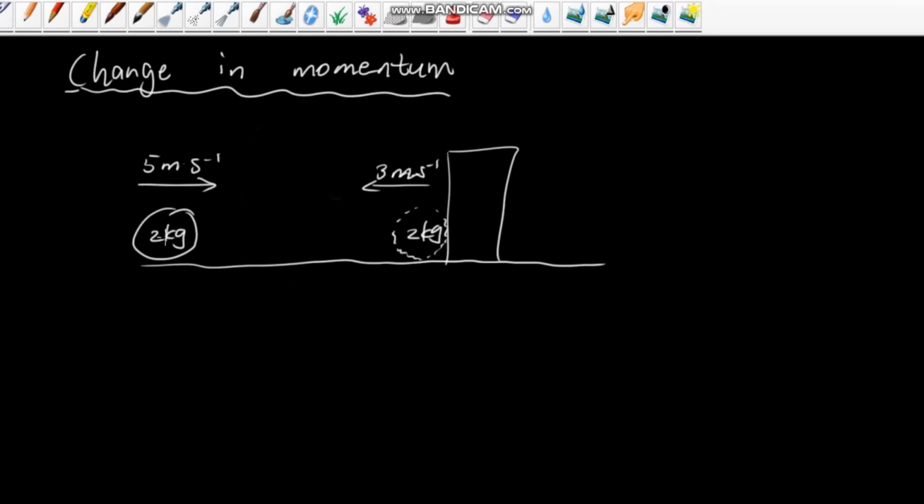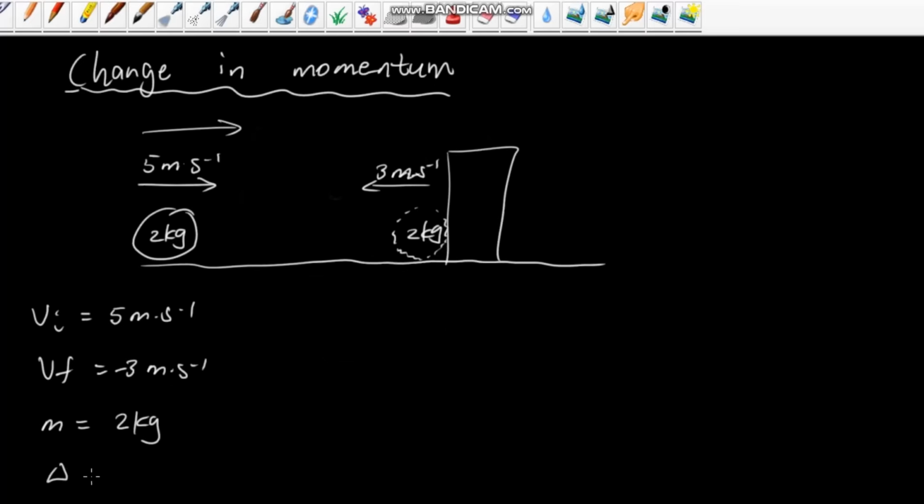Okay, so if the ball first moves to the right, the initial velocity, we agree, is 5 meters per second, positive, and then the final velocity is 3 meters per second, negative, because it goes in the opposite direction, to the left, and we take left as negative. And then the mass is 2 kg. We can calculate the change in momentum.